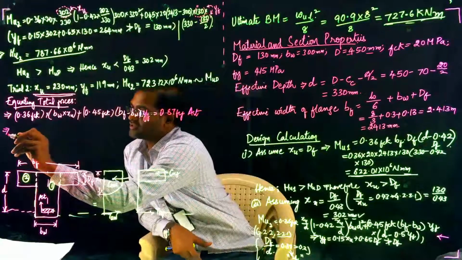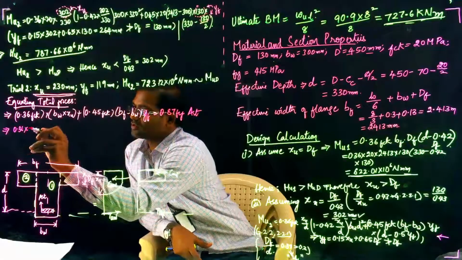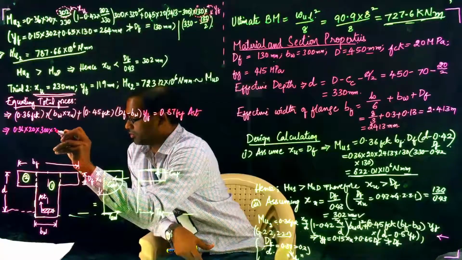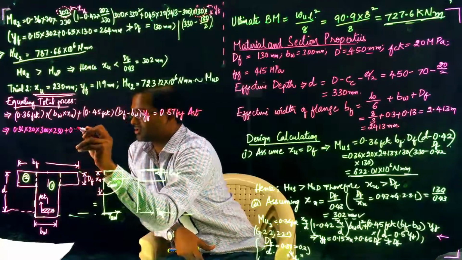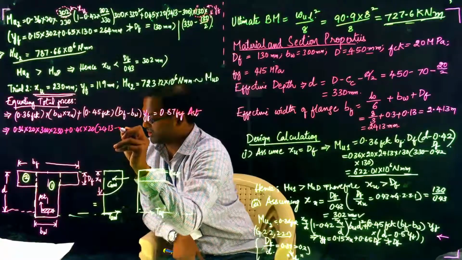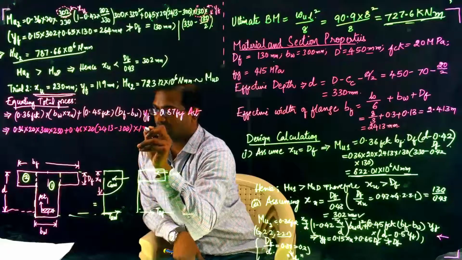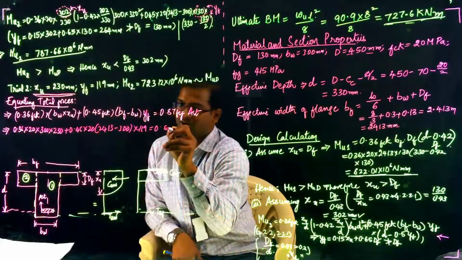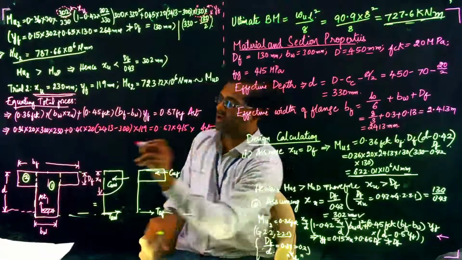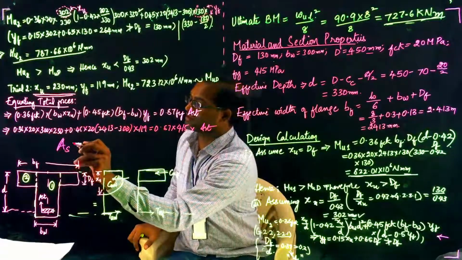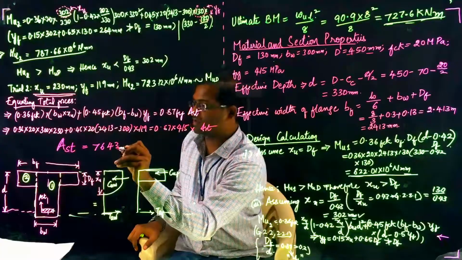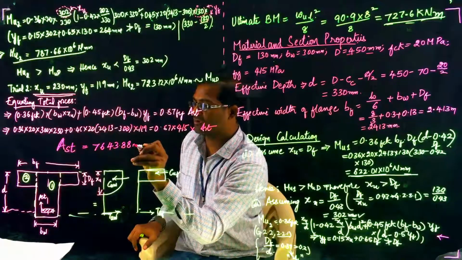If you substitute these values, 0.36 into 20 into BW of 300 into 230, plus 0.45 into 20 into 2413 minus 300 into 119, equals 0.87 into 415 into AST, and if you calculate AST, you will get a value of 7643.8 mm square.